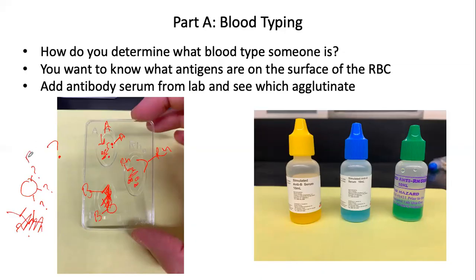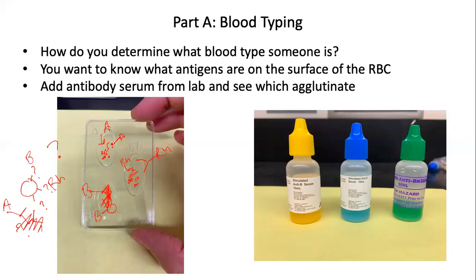So if I have B antigens and RH antigens, because that's what agglutinated when we added those antibodies, the synthetic antibodies or the antibodies we ordered, then we can assume that we're going to have A antibodies in that person's plasma, right?